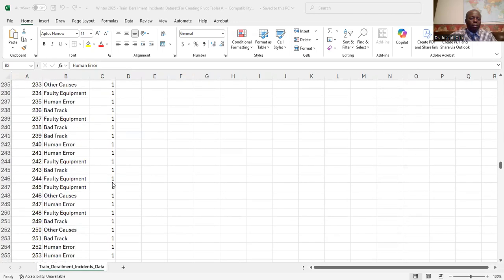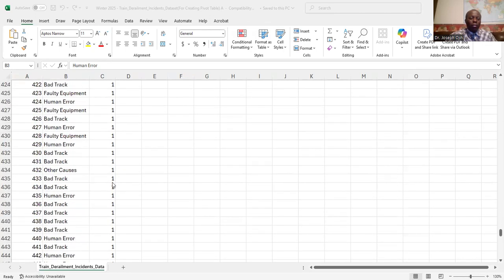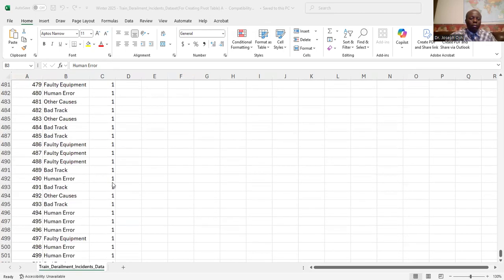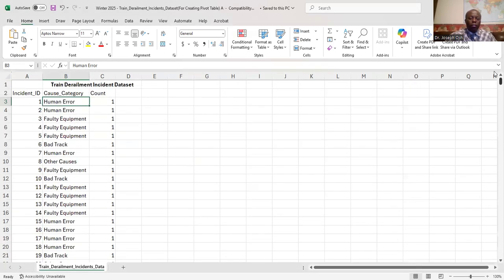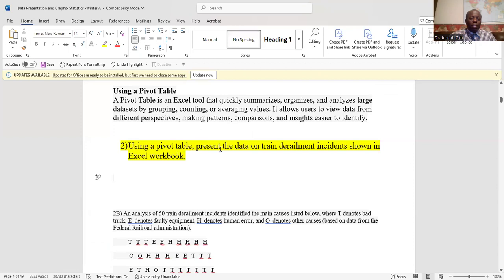If you want to count this manually, it will take you a long time to complete the frequency table. So the question we are solving says: using a pivot table, present the data on train derailment incidents shown in the Excel workbook. And that is the Excel workbook right here.